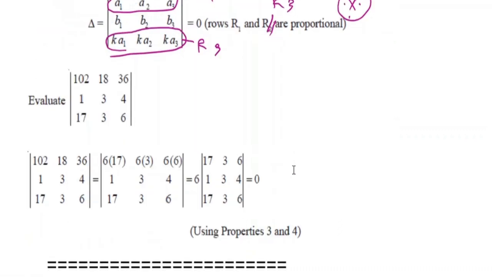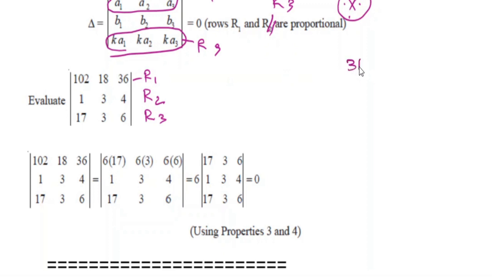Now 102, 18, 36, first row. 1, 3, 4, second row. 17, 3, 6, third row. Now let us consider the last element of the first row and the last row.